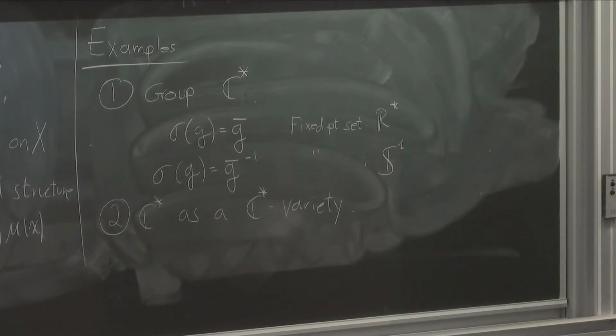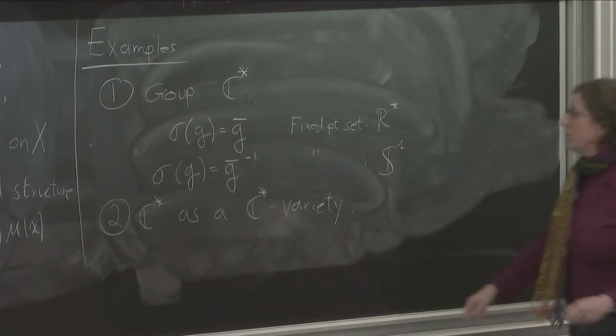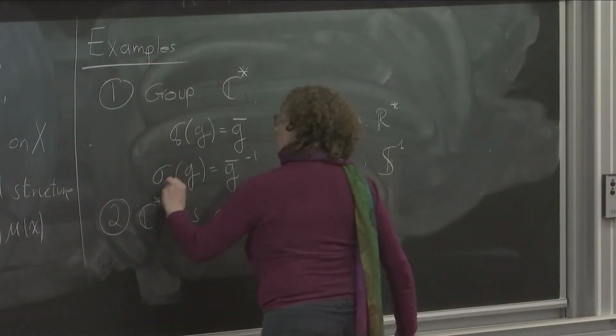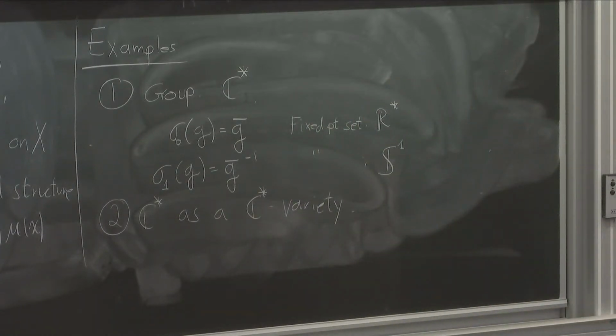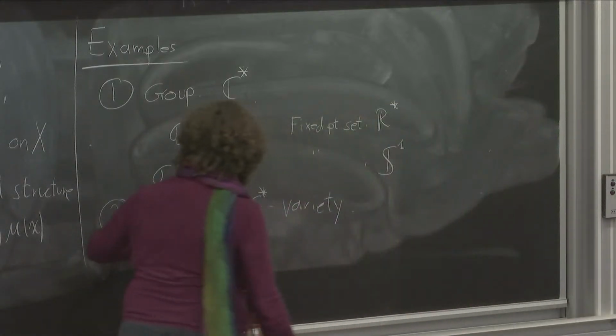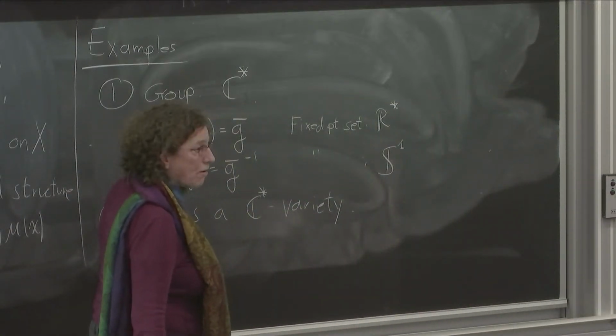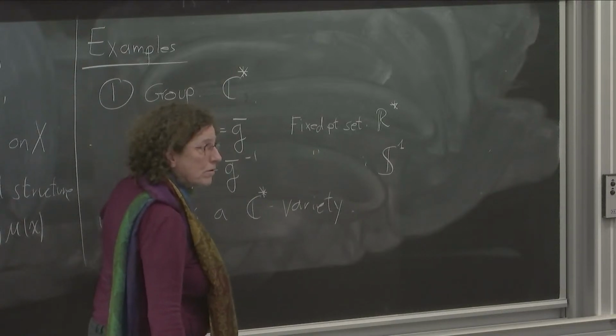And I can say, okay, I'm going to look at these two different real structures on the group and ask, do I have real structures on this C star variety that are compatible with this one?